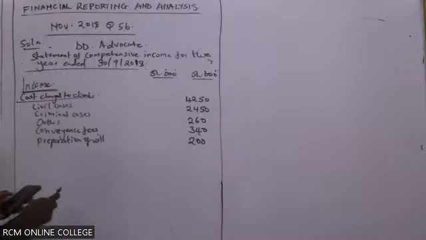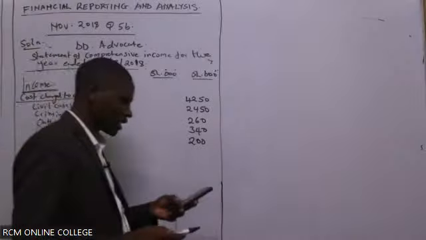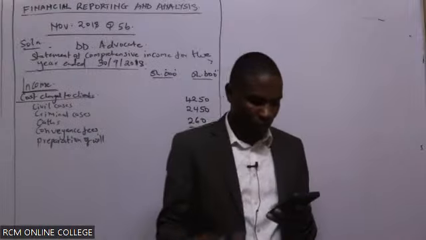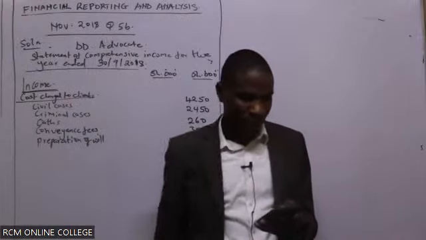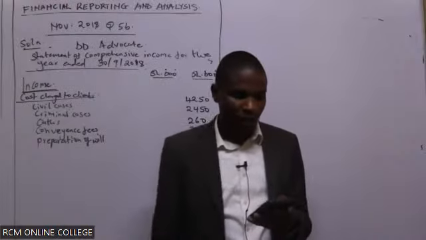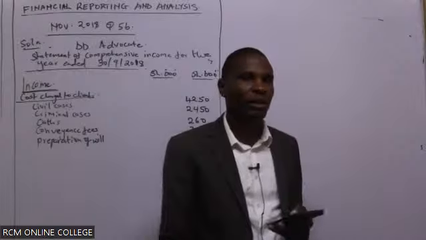What will be our next step here? You're still looking at income. Priscilla is telling us that closing WIP is part of income.